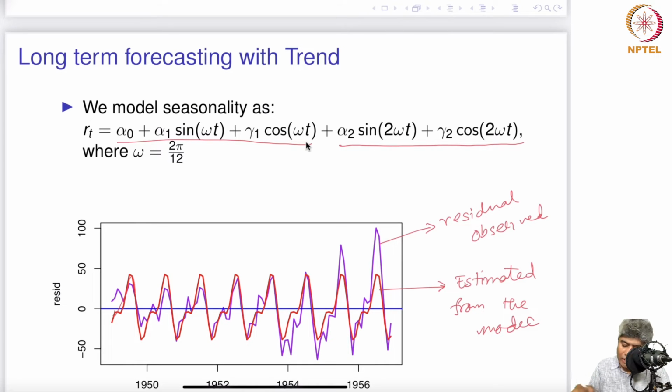So when you put in the second Fourier term, it tries to capture this curve, this particular change in the seasonality. I think this is the before-summer kind of peak curve that is getting picked up.